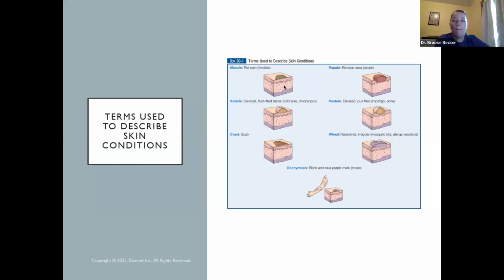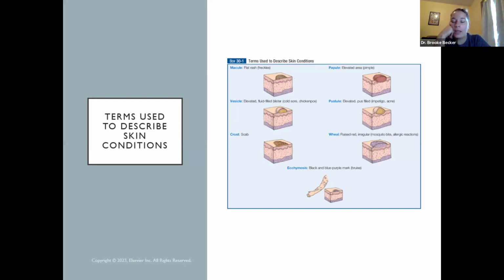Okay, so a macular rash or a macule, that's flat. Something like freckles can be a macular rash. So it's just a flat skin lesion. A vesicle is an elevated fluid-filled blister.